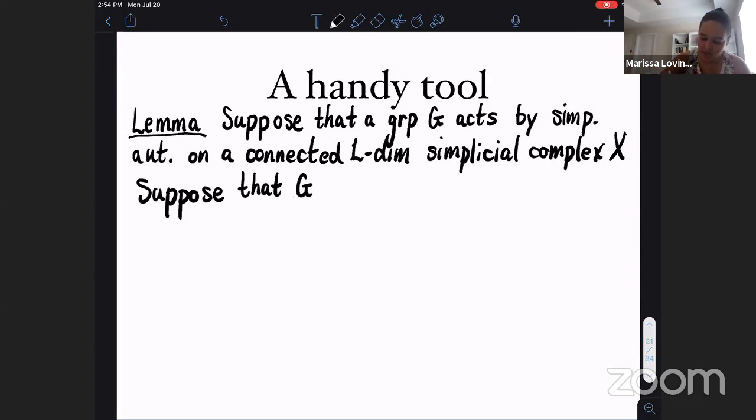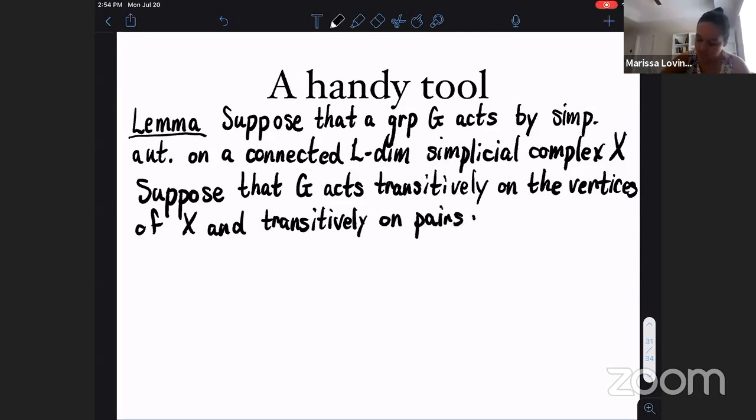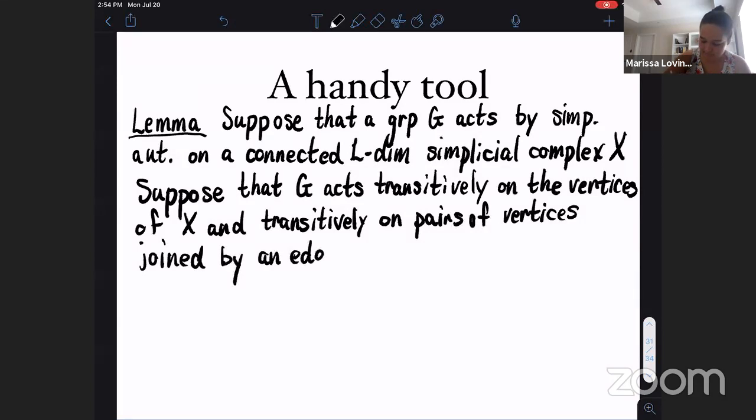So I want G to act transitively on the vertices, and also transitively on pairs of vertices joined by an edge. Okay.